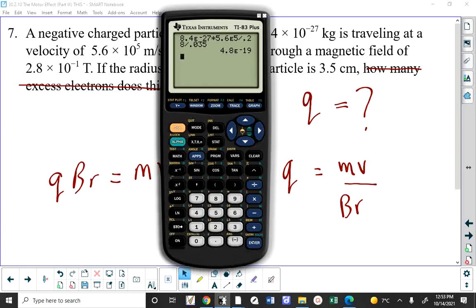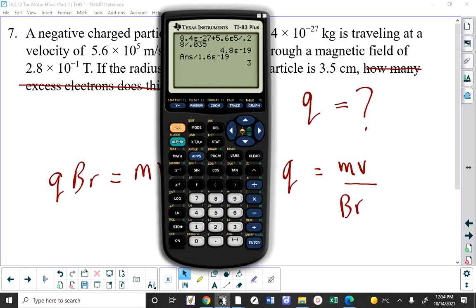You can't have part of the elementary charge. And if you take this charge on the calculator and divide by the elementary charge, which is the charge on a single electron, you get 3. And what that means is that the only way the object can have a charge of negative 4.8 times 10 to the negative 19 coulombs is if we piled on 3 extra electrons.